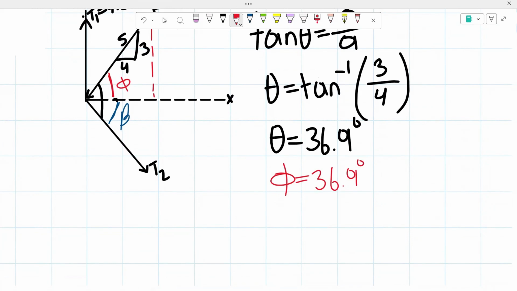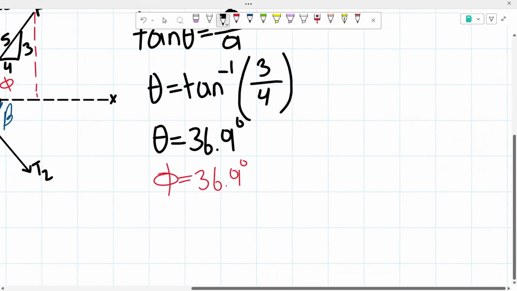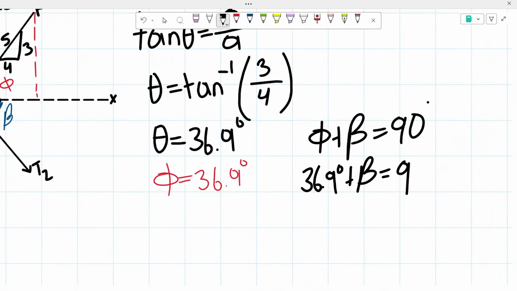Now that we figured out phi and we know that the sum of phi and beta is 90 degrees, the next step is simply saying that phi plus beta is equal to 90 degrees. We already know what phi is, so we have 36.9 degrees plus beta has to equal 90 degrees. So that means that beta comes out to being 53.1 degrees.